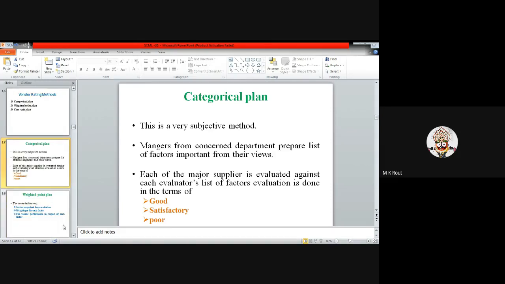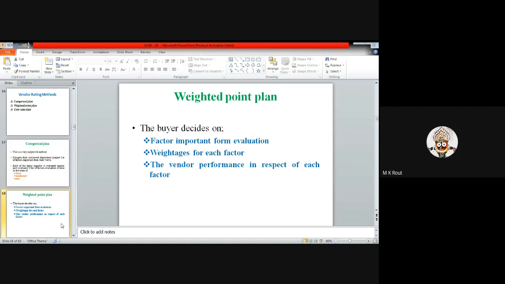Moving to the next one, the weighted point plans. In that case, the buyer decides which factors are important for evaluation and the weightage for each factor. The third point is vendor performance with respect to each factor.